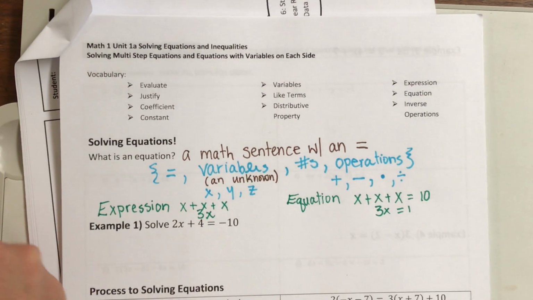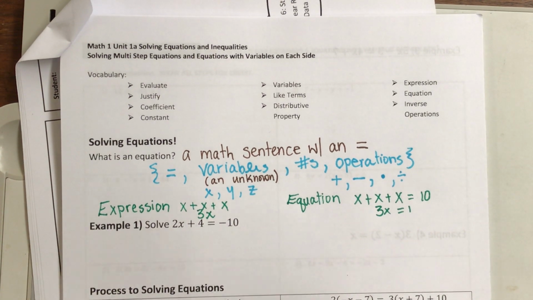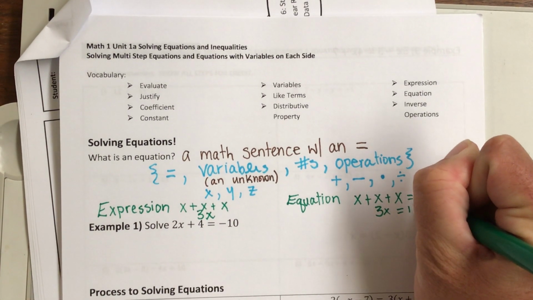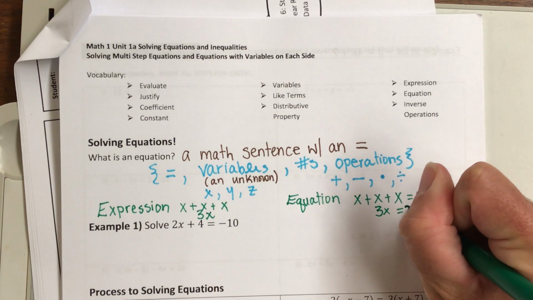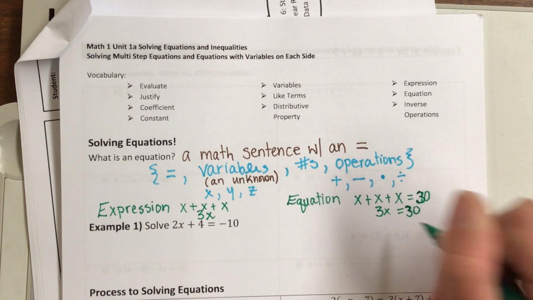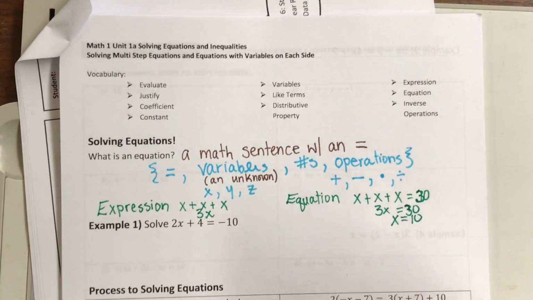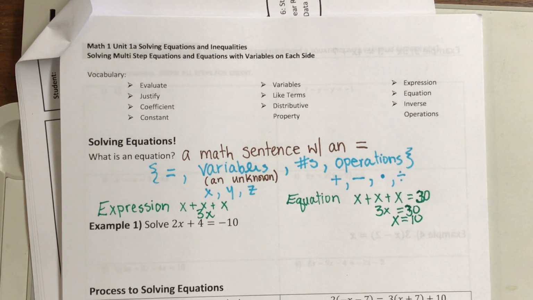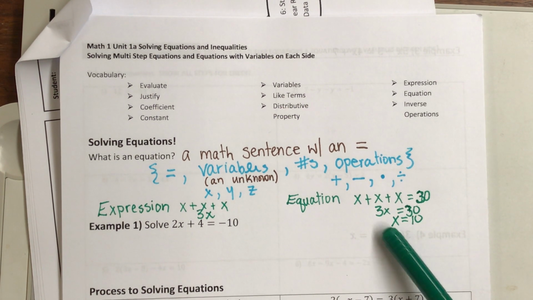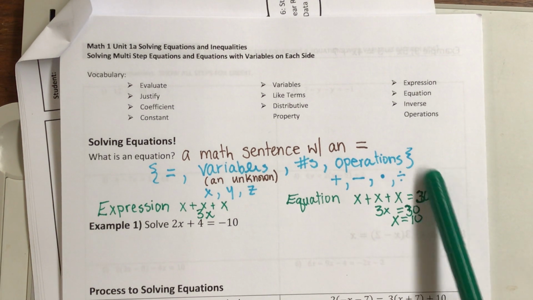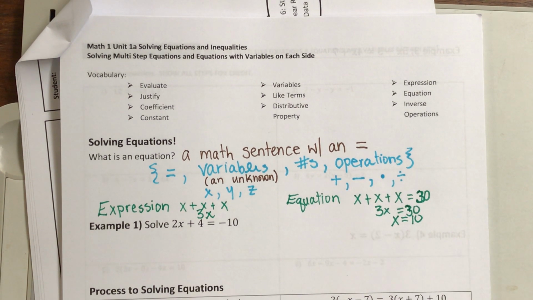Well, let's just turn that 10 into a 30. So 3x equals 30, which means x has a value of 10. Now, what does it mean to solve? Well, to solve an equation means to find the value of x. Okay, in this equation here, x was 10.